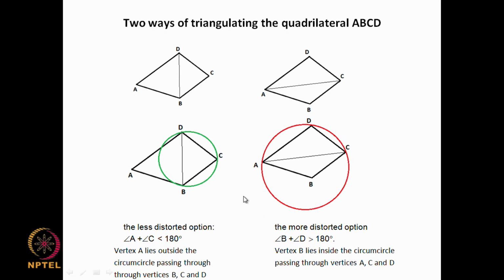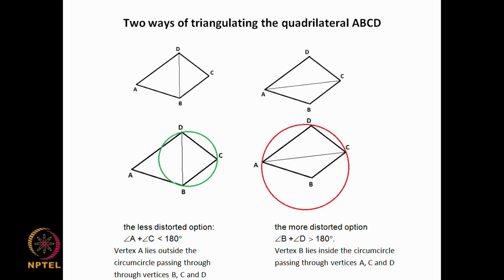And one other criterion is that if you make a circumcircle passing through these 3 points, then the fourth vertex, which is not part of this joined diagonal here, lies outside, and if that is the case, then you have got good distribution of triangles. Whereas, in this particular case, you draw the circumscribing circle like this, and then you find that this is inside. So, this means that this is not a proper way of joining the triangles.